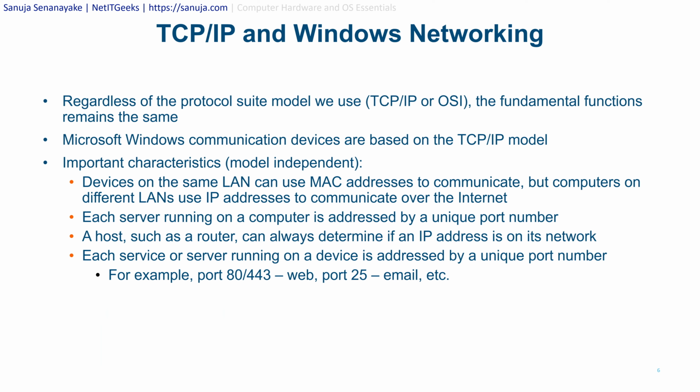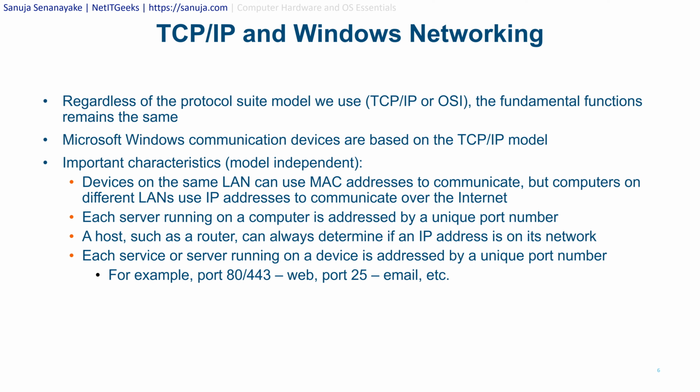TCP/IP and Windows networking. Regardless of the protocol suite or model that we use, whether it's TCP/IP or OSI, the fundamental functions remain the same. Windows is actually using the TCP/IP type of model to connect to networks. Regardless of whether you're using the TCP/IP or OSI model, the fundamental functions of networking remain the same.